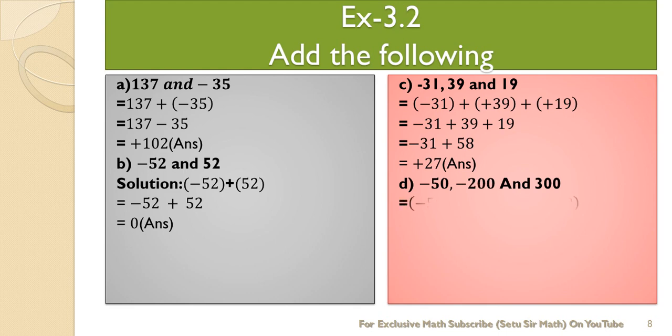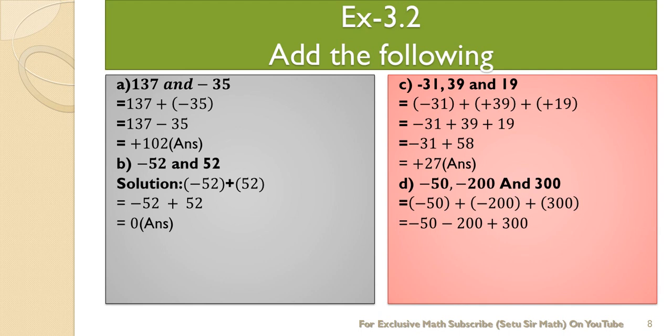Number D, in here you can see plus and minus sign, minus 50 plus and minus, that would be minus plus 300, and this minus 50 and minus 200, as you can see, minus and minus, that would be plus.